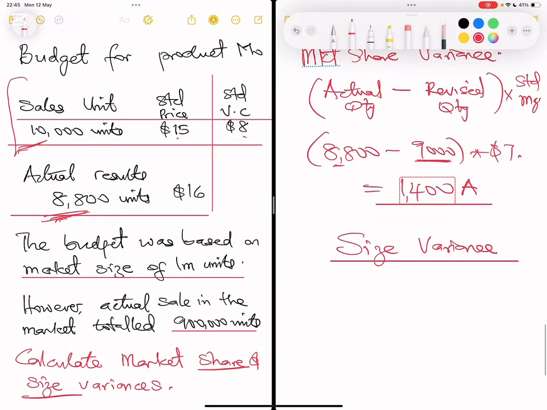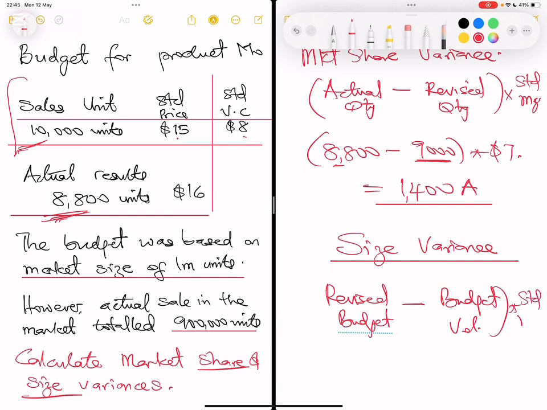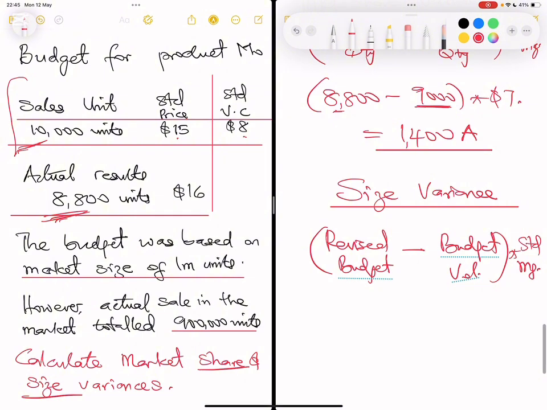And this time around, we'll be comparing our revised budget, which should be what we should achieve, less the budget volume, also valued at standard margin. So our revised is 9,000 less 10,000 that we budget. You can see 10,000 is budget, revised 9,000. Valuation will still be at 7.